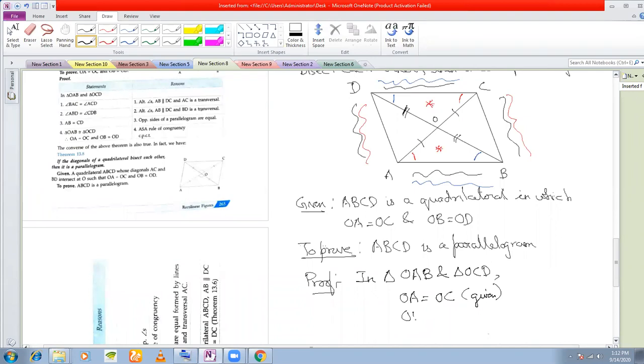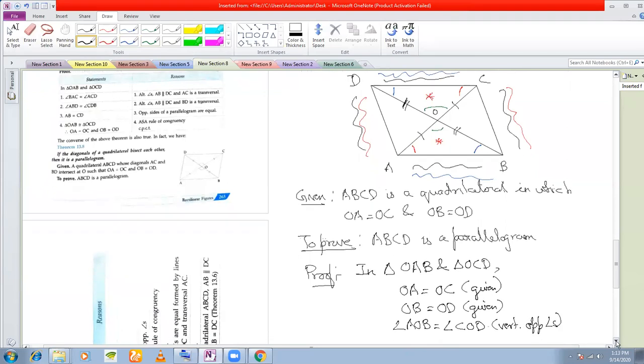OB is equal to OD, this is also given, and what else? These two are vertically opposite angles. So we write, therefore, angle AOB is equal to angle COD, vertically opposite angles. So therefore, these two triangles are congruent.